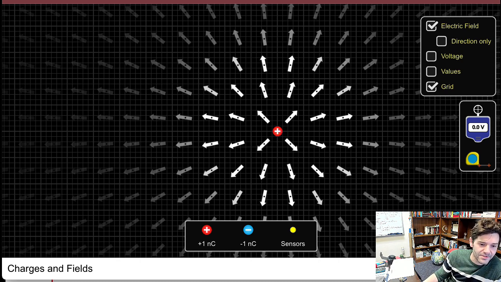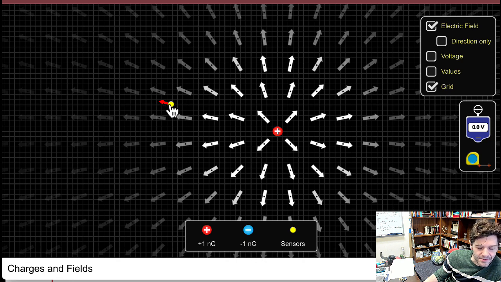The magnitude and direction of that arrow quantifies how much charge is here and how far away you are from it, so that if you're all the way out here, you can't really see it, tiny little arrow, right? That's kind of telling you what direction. It's telling you that there's a positive charge over here, so that if I'm positive, let me move it closer so we can see the arrow.